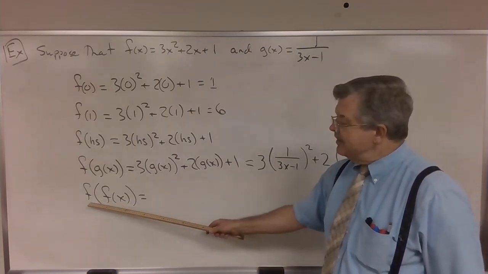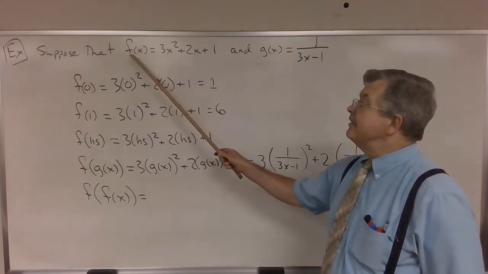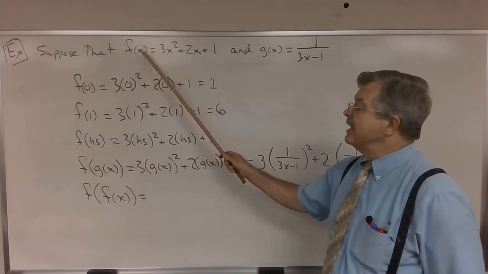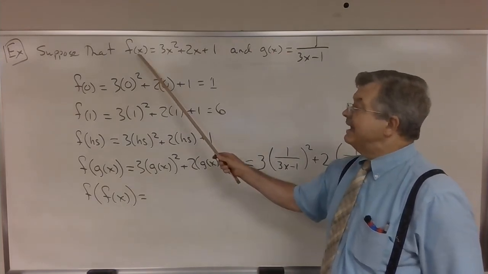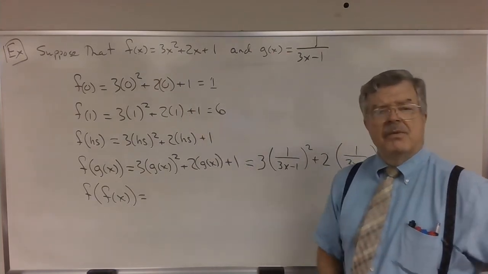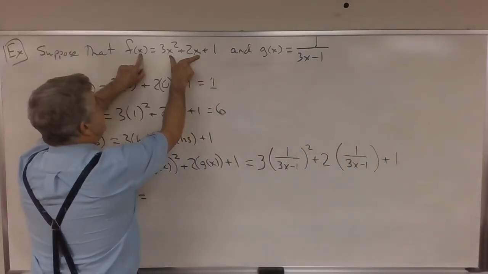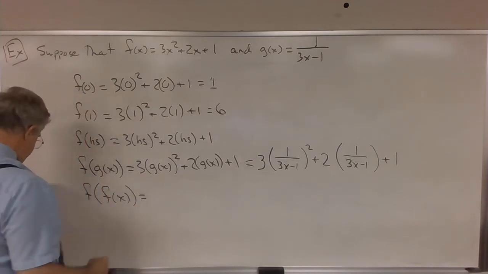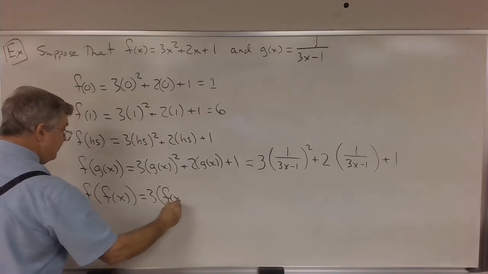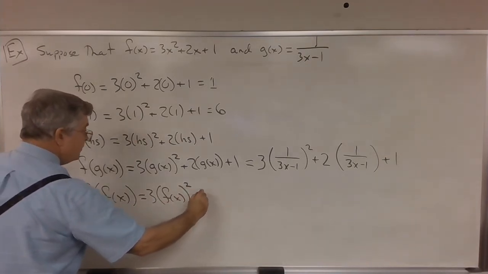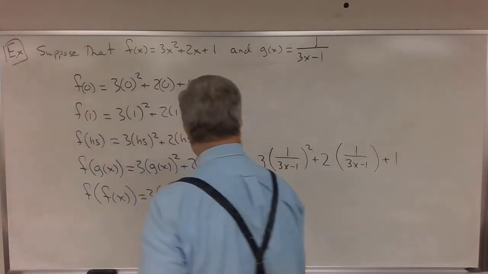And what I have down here is f evaluated at f of x. Up here I have f evaluated at x. So f of x plays the role down here that x plays up here in our model, which means that every place up here in our model that I see an x, I'm going to put an f of x down here. So I'm going to have 3 f of x squared plus 2 f of x plus 1.